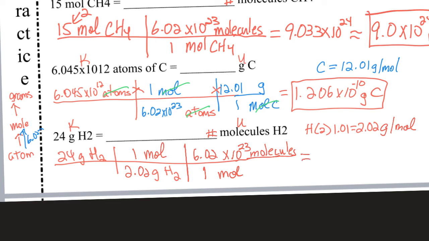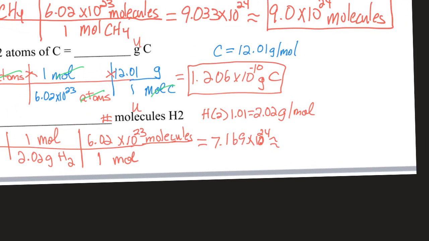It's going to be 24 times 6.02 times 10 to the 23rd divided by 2.02. And when you do that in your calculator, you're going to get 7.169 times 10 to the 24th. But we got to check our significant figures. We look back at this number, and there's only 2, which means we have to round.